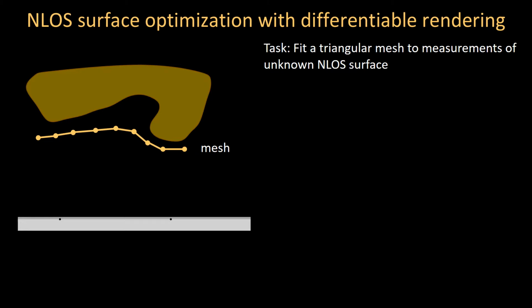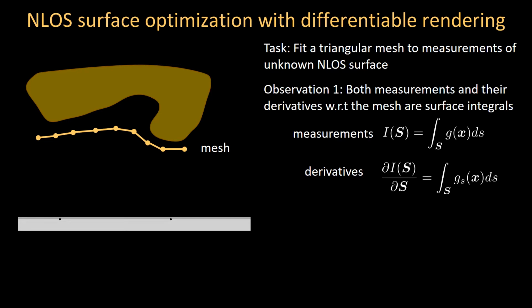To see how we can do this, we make two observations. First, as we already mentioned earlier, the measurements we collect can be expressed as an integral over the surface of the mesh. Not only that, but as we prove in the paper, the same is true for the derivatives of these measurements with respect to the mesh vertices.